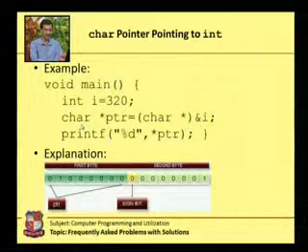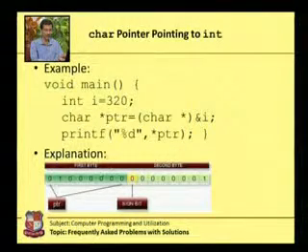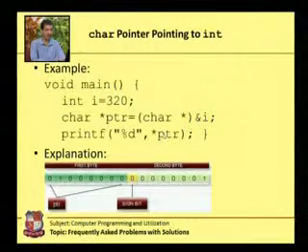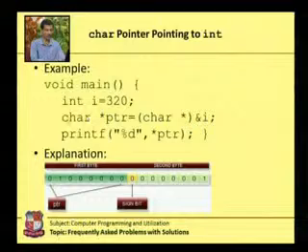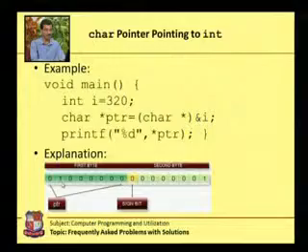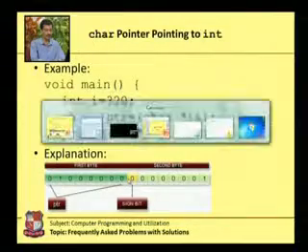So the implicit meaning is: go to the given address, process 1 byte because the type is character, and give me the output. And what output we should expect is that it is going to read 0 1 0 0 0 0 0 0. The first bit is considered the sign bit because now we are talking about a character and only 1 byte of data is interpreted. So the rest of the 7 bits are to be considered.